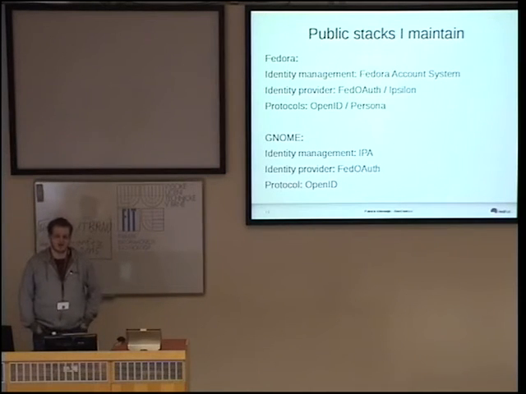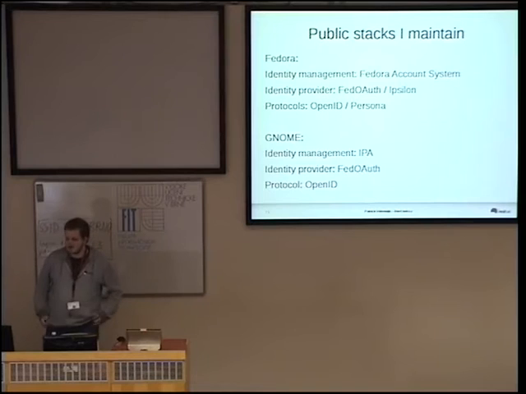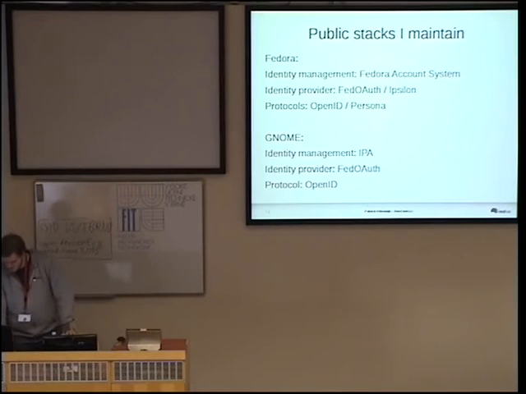We haven't had time for that yet. The protocol we're using there is just OpenID. So, just so you notice, we use the same identity provider, but different identity management solutions.